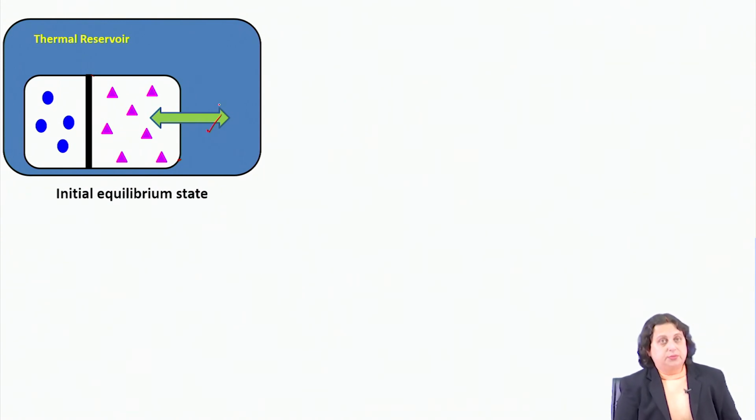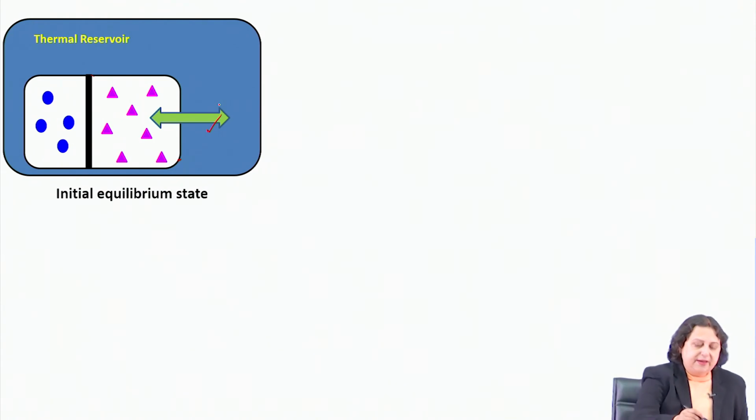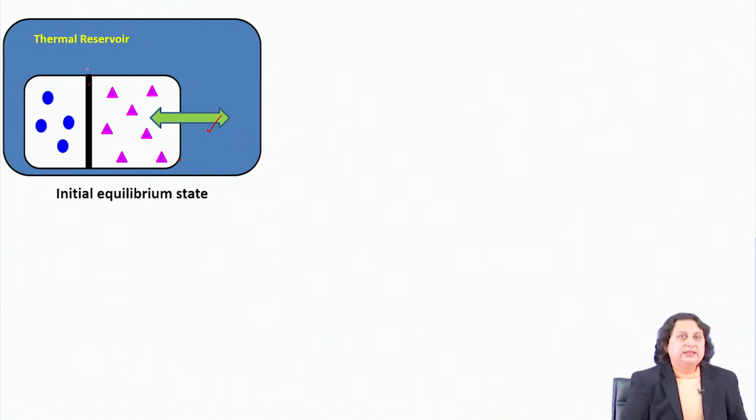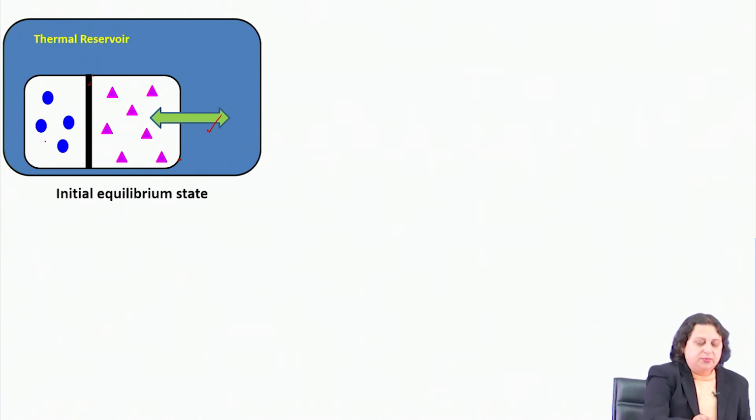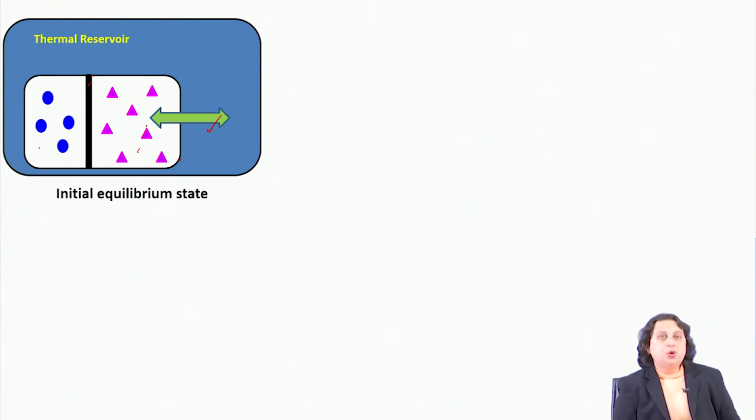But within the reaction vessel, I have placed a separator such that the blue reactant and the pink reactant do not mix with each other. They are put on two sides of this reaction vessel.